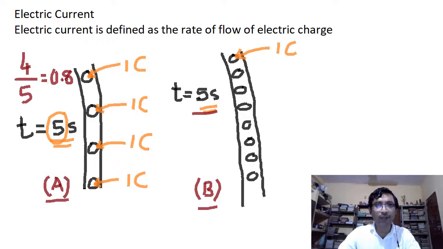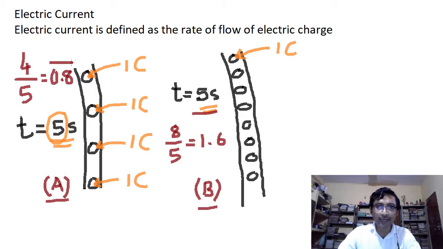So we have 0.8 coulombs flowing in 1 second. On the other hand, here we have 8 by 5, and that is equal to 1.6. So here we have 1.6 coulombs flowing in 1 second.